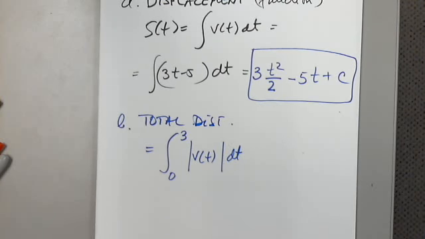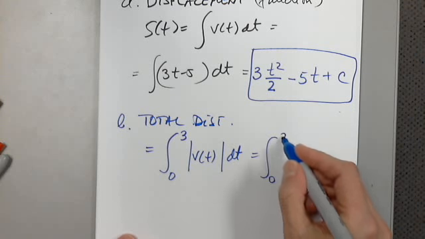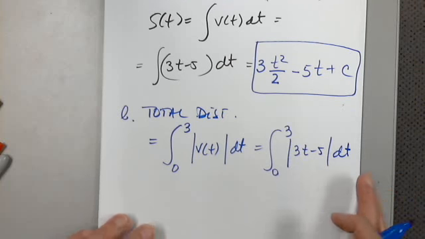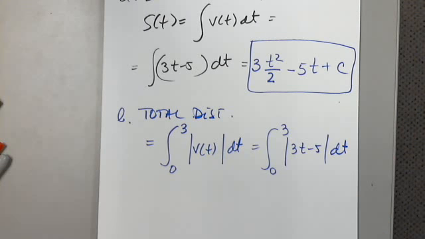So now the integral that we have to determine from 0 to 3, of 3t minus 5 in absolute value dt. Where's my next step? Because I can't find this before what?